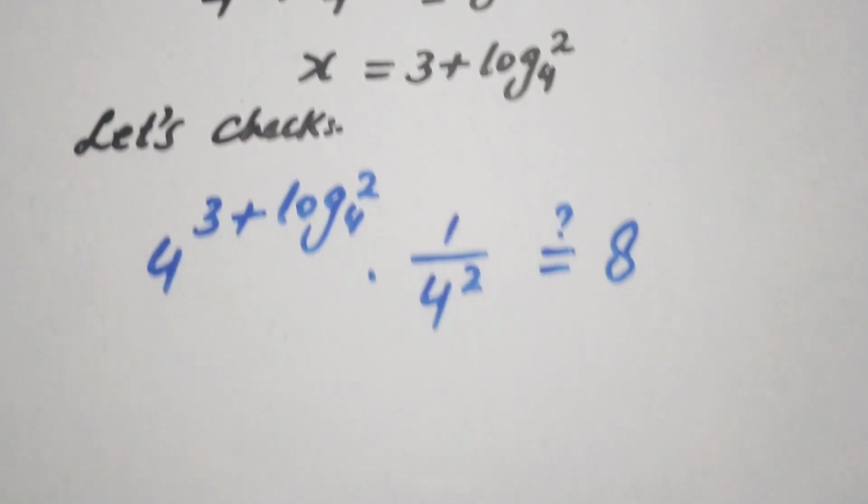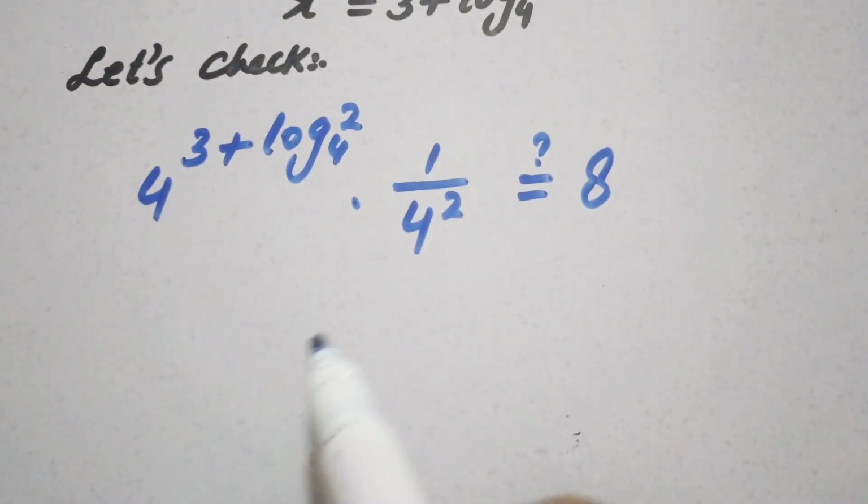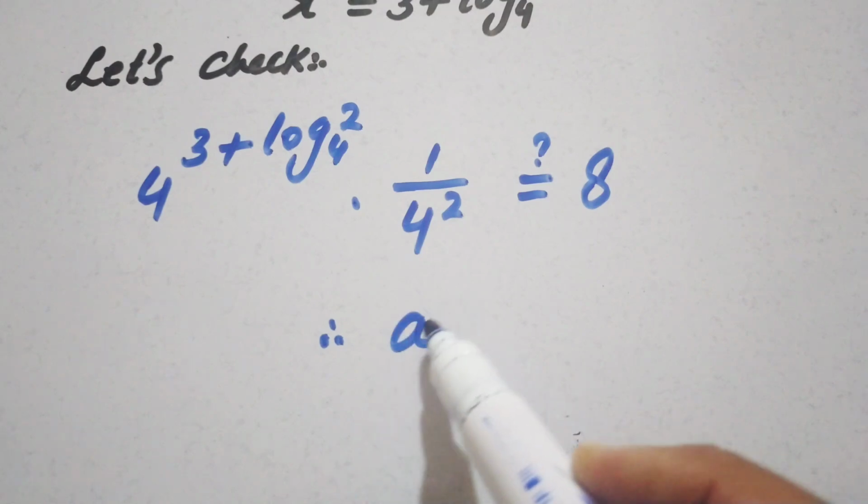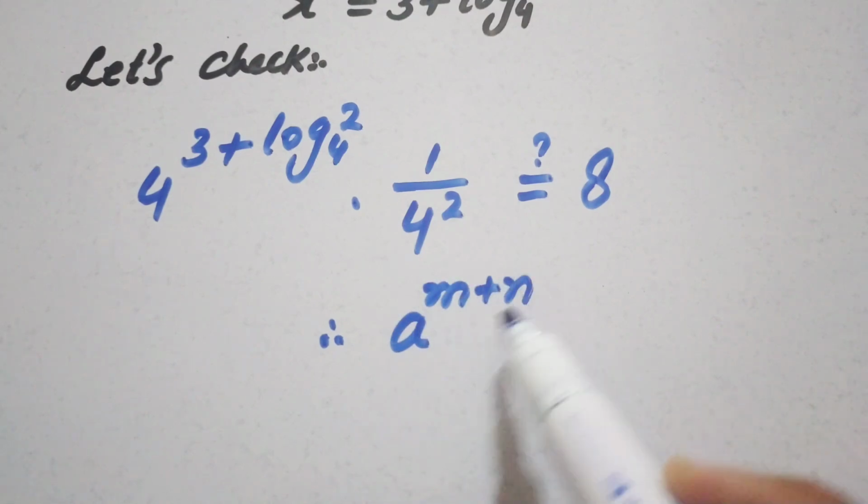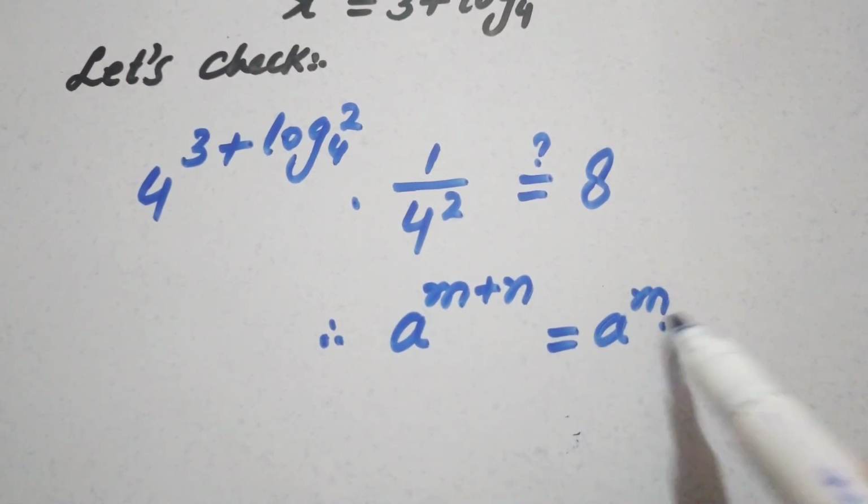Now by using an algebraic identity, if we have a power m plus n, this is equal to a power m multiplied by a power n.